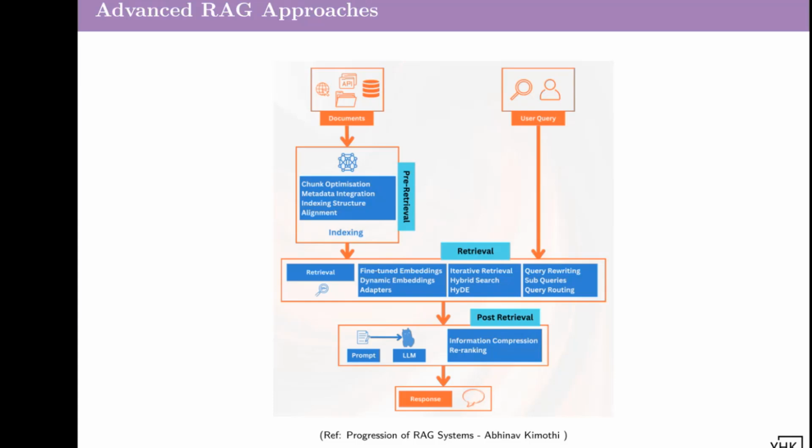You integrate metadata also. Where this paragraph came from. Metadata, data about the data. Isn't it? That's the thing. For source citation. Indexing structure. Do you store linearly? Do you store in tree format so that the search becomes fast? Or is it inherently graph indexing structure?